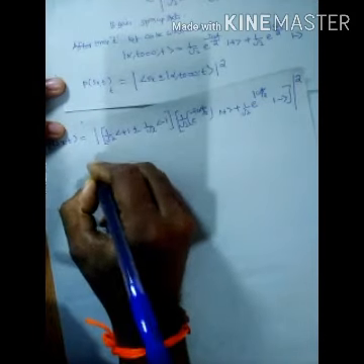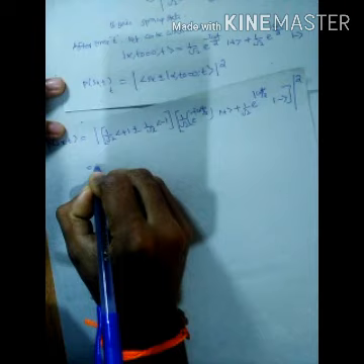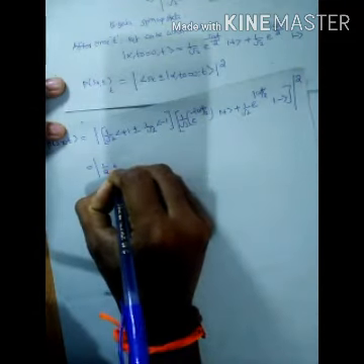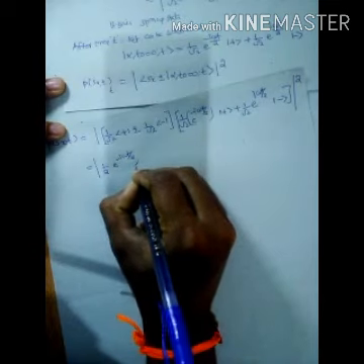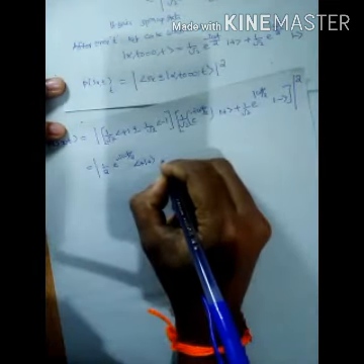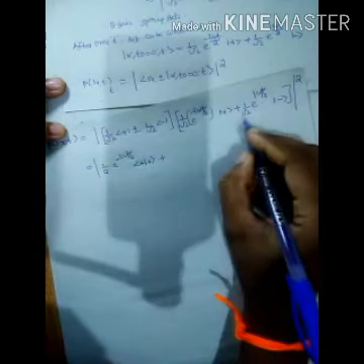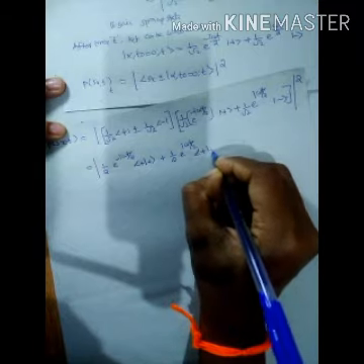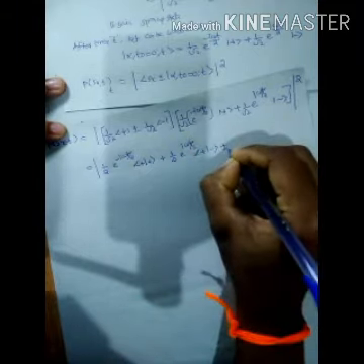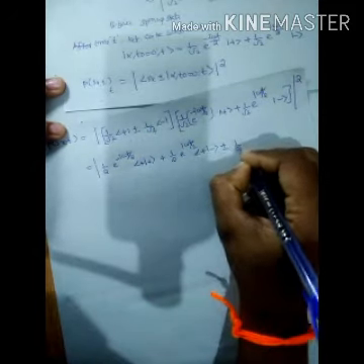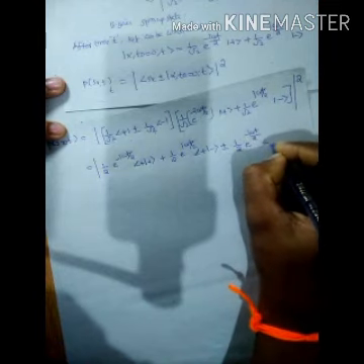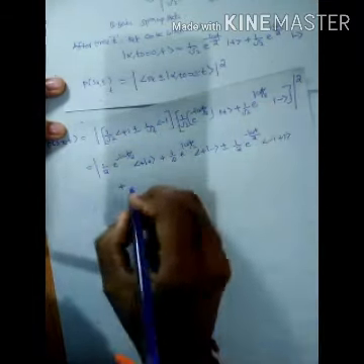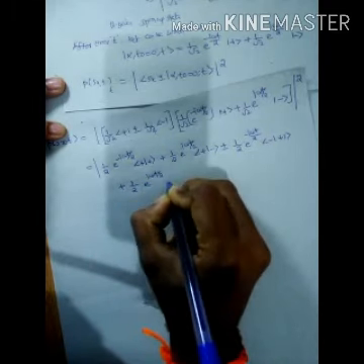When we multiply inside, the first term with the first term gives 1 by 2 e raised to minus i omega t by 2 bra plus ket plus, and the second with the second gives plus or minus 1 by 2 e raised to i omega t by 2.